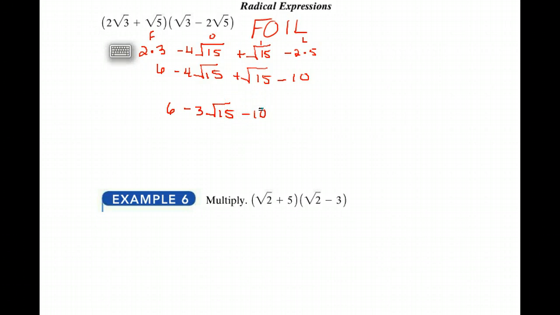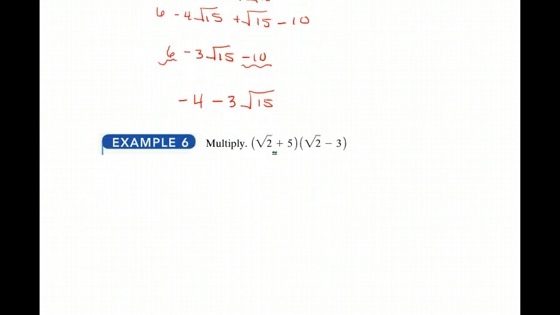And then I can look and see that I have 2 constant terms that do not have a radical that I can combine. I have 6 minus 10. So that is negative 4 minus 3 square root 15. That is the method that we're going to use in order to solve and simplify radical expressions.